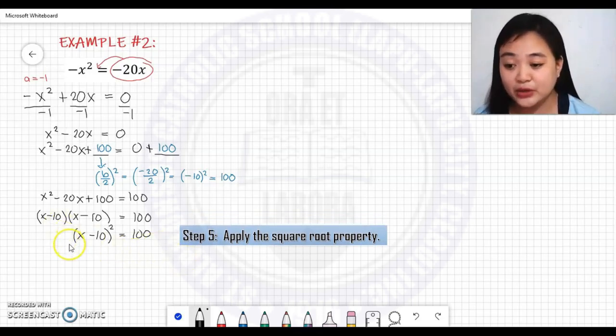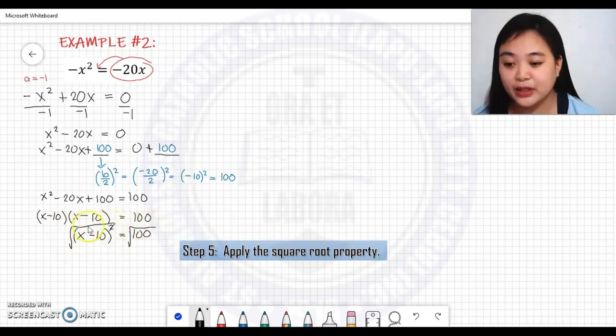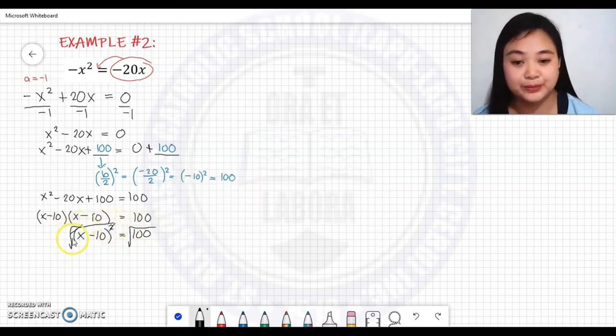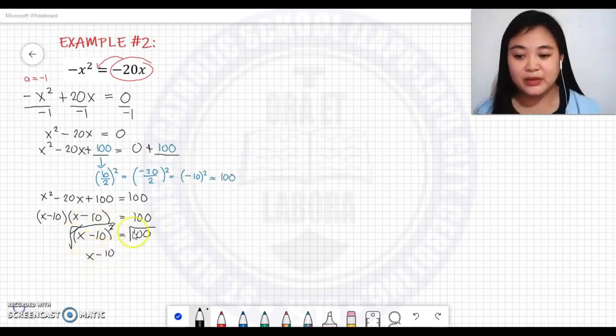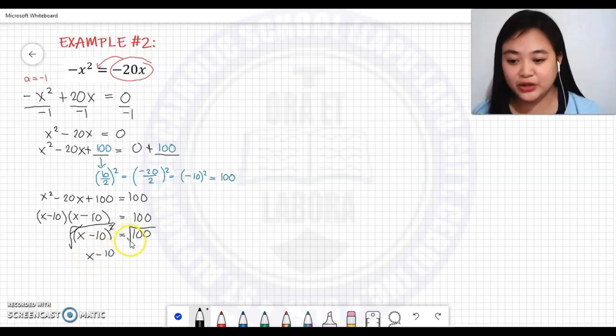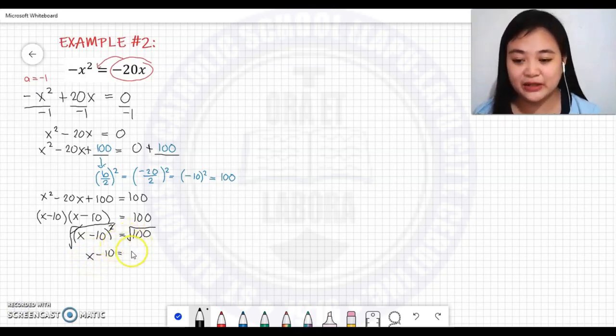So we put a square root here and a square root also on the other side. That will cancel out the square. Then it will become x minus 10. So, what is the square root of 100?